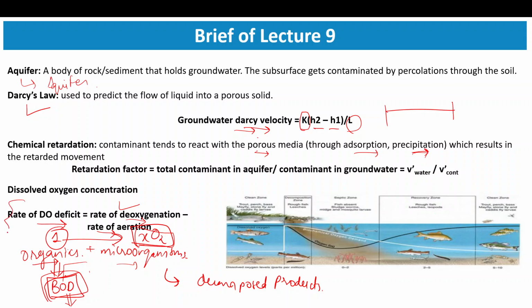So there will be some deficit or decrease in the DO in that water body. If the rate of deoxygenation is more, then there will be more and more deficit, and vice versa. So what you need is lesser BOD and more addition rate for that water body.